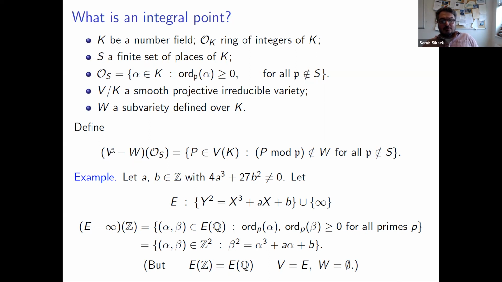So I'm going to puncture V along W. The set of K-rational points on this is what you think it is: points on V that aren't on W. But the set of S-integral points on V minus W are the K-rational points on V such that the reduction modulo any prime that isn't in S is not in W. So I want things that don't reduce to W modulo any prime, apart from possibly the primes belonging to S. If you haven't seen this notion before, it looks strange.